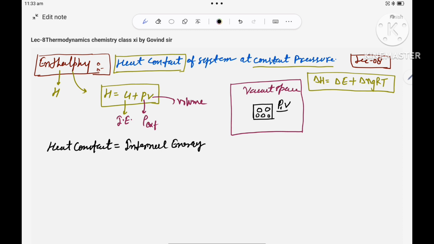If you remember, we have calculated internal energy for what, children? For a molecule. At the time of internal energy, I told you internal energy for molecule or atom.